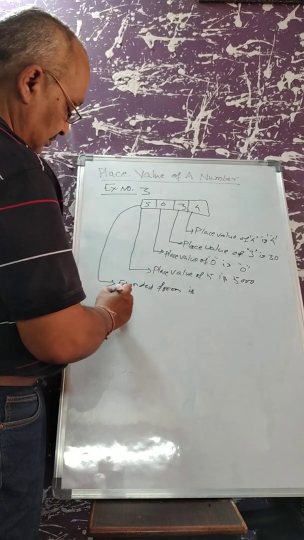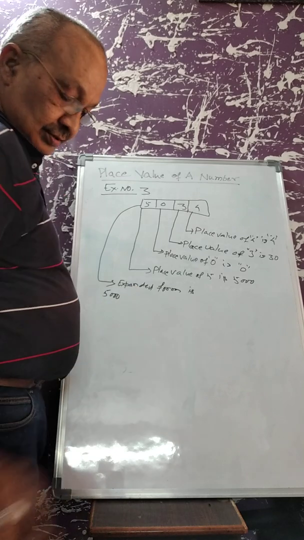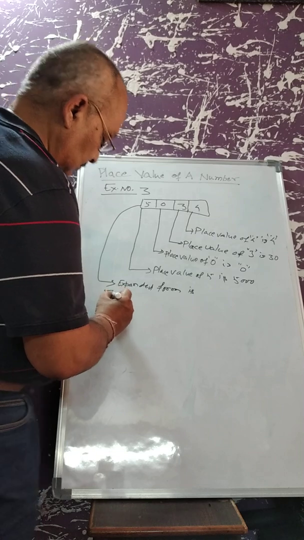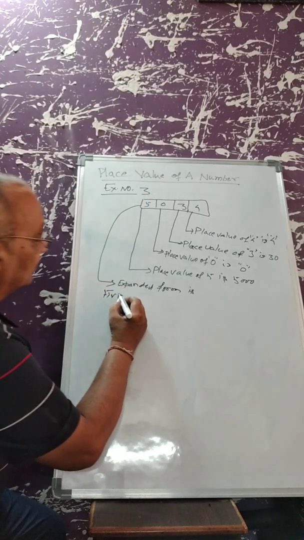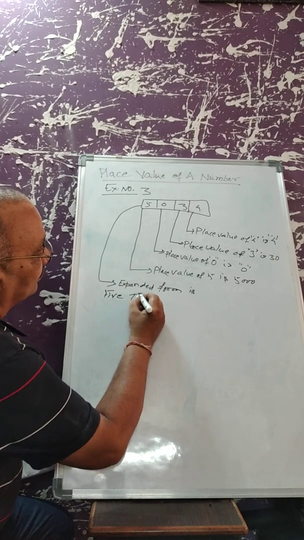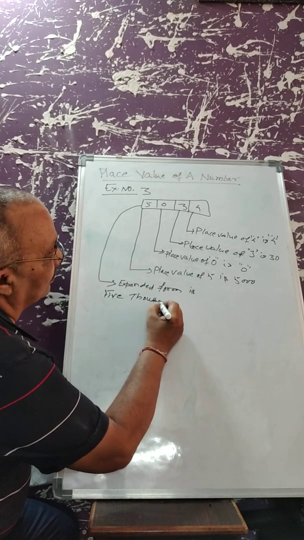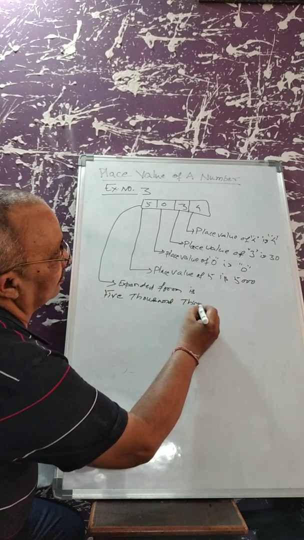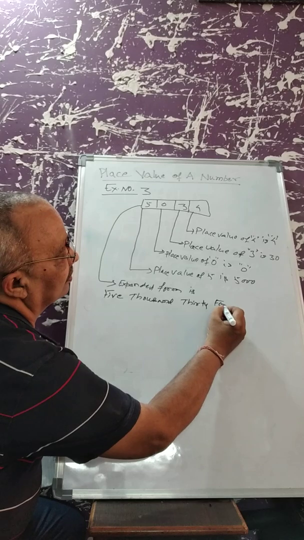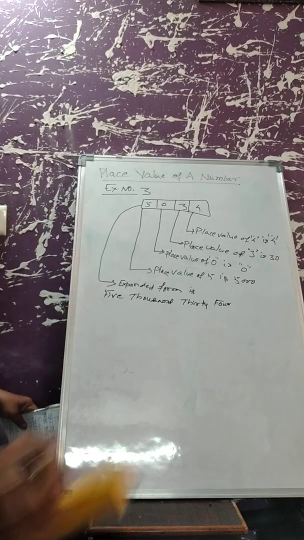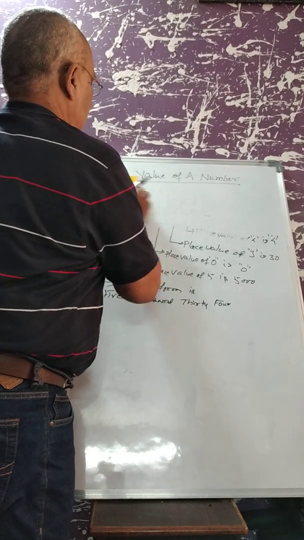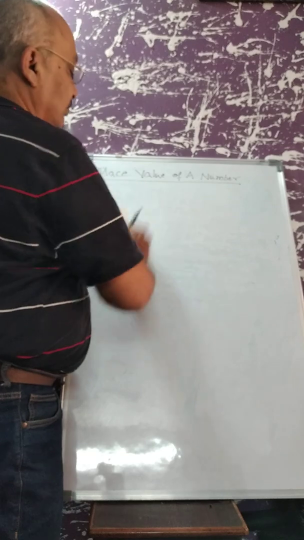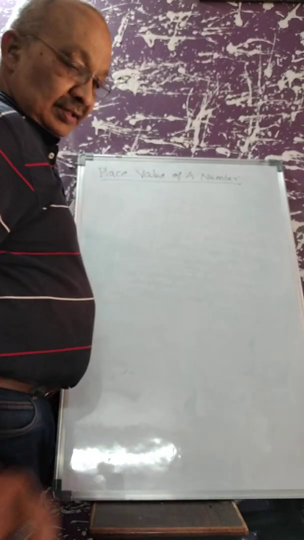It is 5000 plus 34. This is the expanded form. So we have to know about the expanded form also, a little bit in detail.